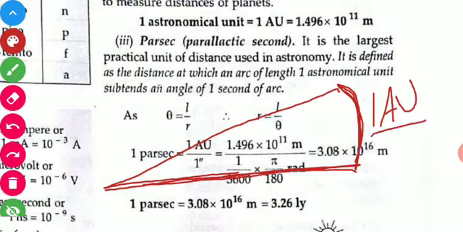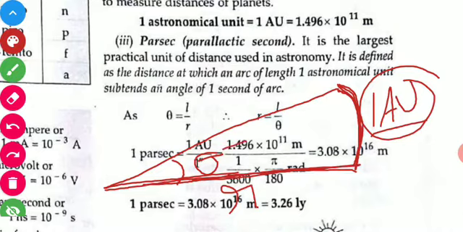So this is the arc and this is the radius. This is called angle theta. So students, when our arc length is 1 AU and the value of theta is 1 second.